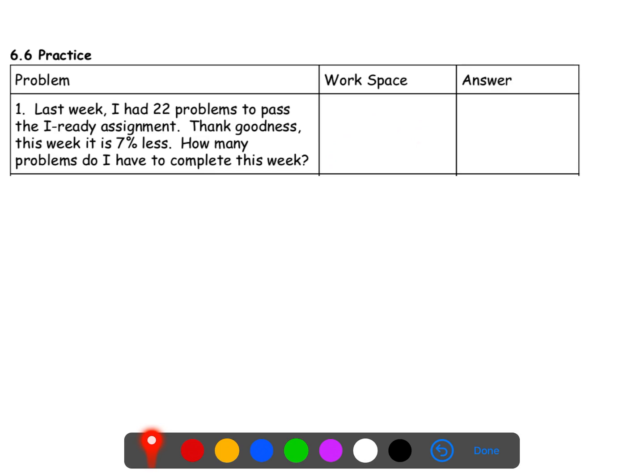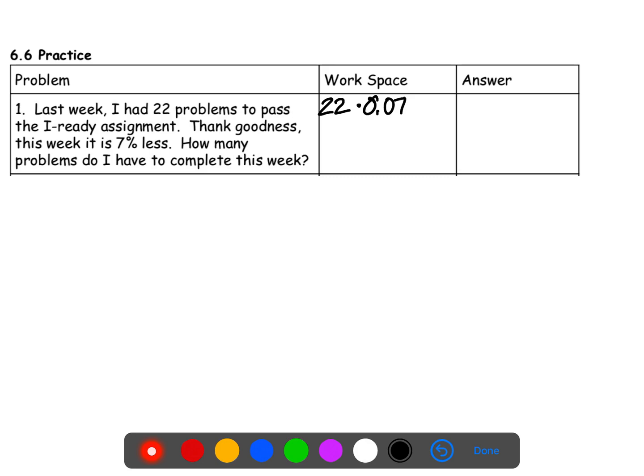So we need to find the percentage of an amount. We can use the 2 numbers here in the problem. We could take 22, the number of problems, times 7%. And remember, 7% is 7 per 100, and that's 0.07, 7/100ths.